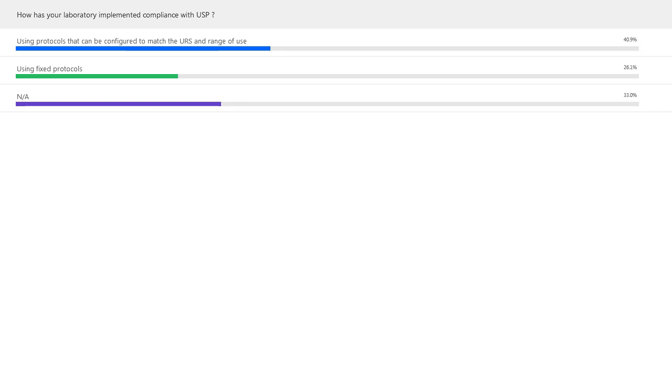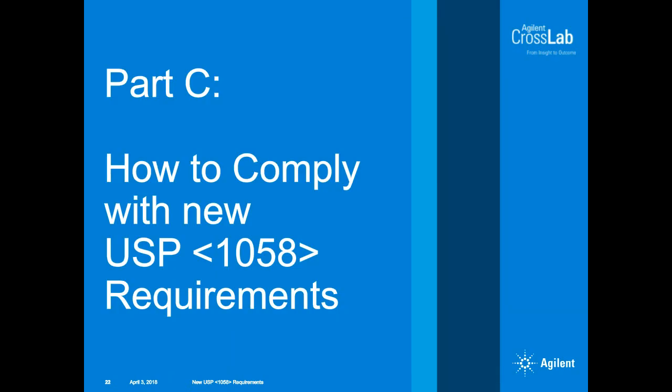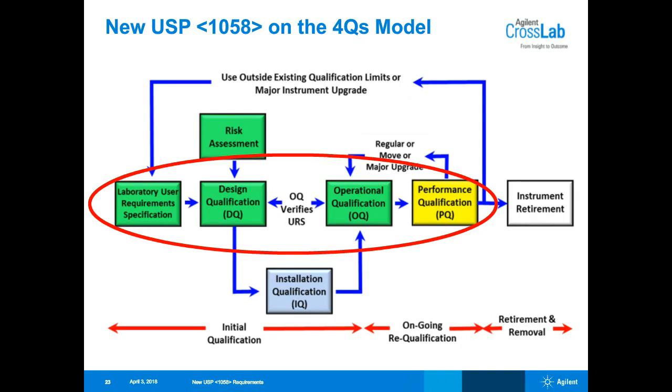Okay, let's move forward into part C, looking at how to comply with the new USP 1058 requirements. If you remember from part A, we were looking at this expanded V model for the new USP 1058.